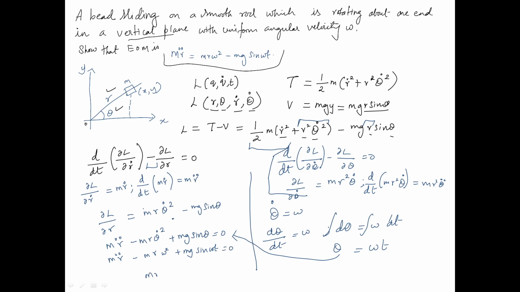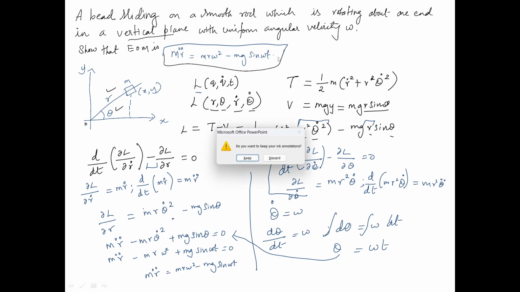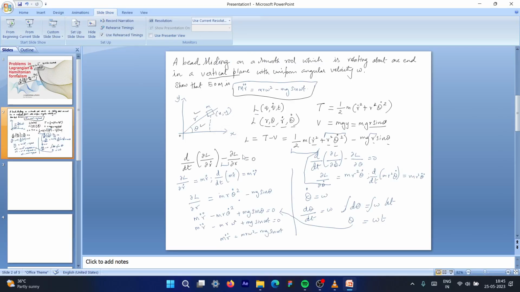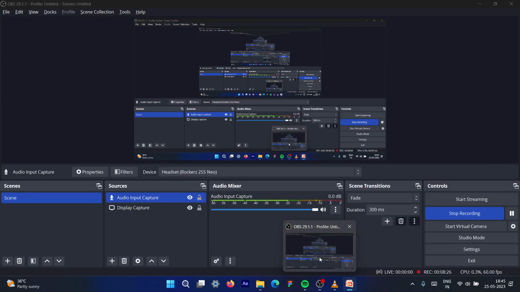Once we rearrange this, we get m r double dot equal to m r omega square minus mg sin omega t, which is just the given equation in the problem. So we arrive at the equation of motion of the given problem. Okay, we can discuss another problem next week.